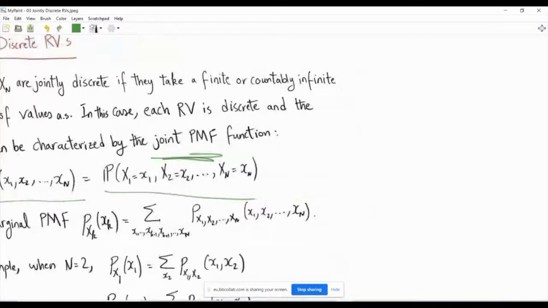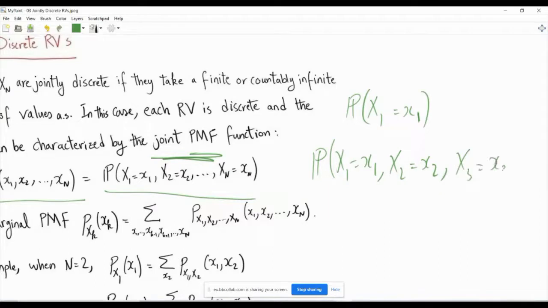Suppose that you are interested in the probability that X1 is equal to x1, but what you have is the joint: X1 equal to x1, X2 equal to x2 and X3 equal to x3. This is the marginal PMF, which is the PMF of one of the variables, big X1.